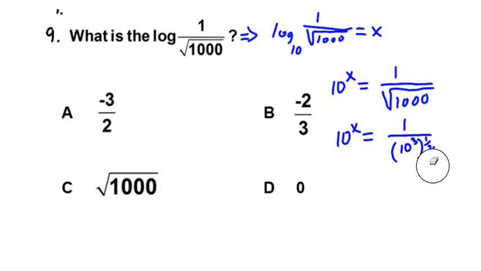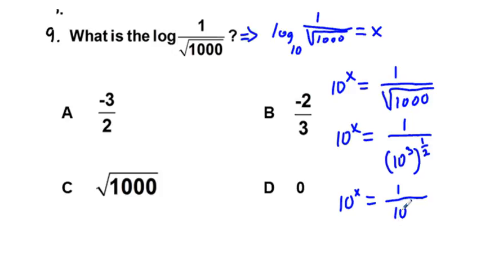I'm going to leave myself a little more room. Okay, we have 10 to the third power to the power of 1/2. And we have 10 to the power of x is equal to 1 over 10 to the power of 3/2.